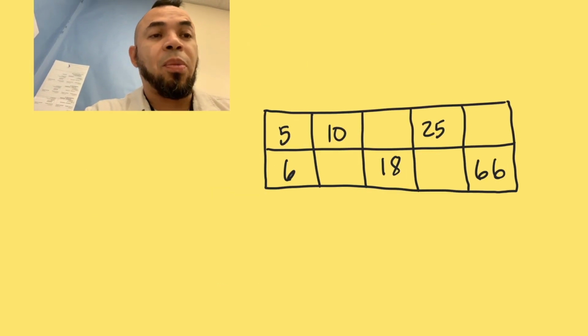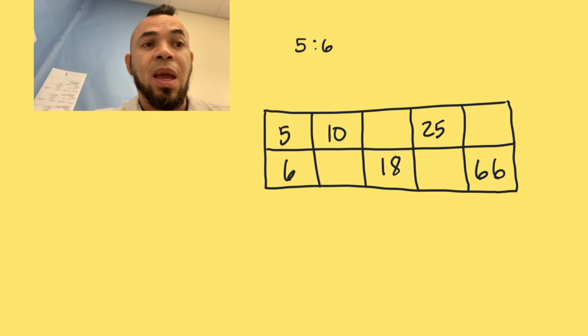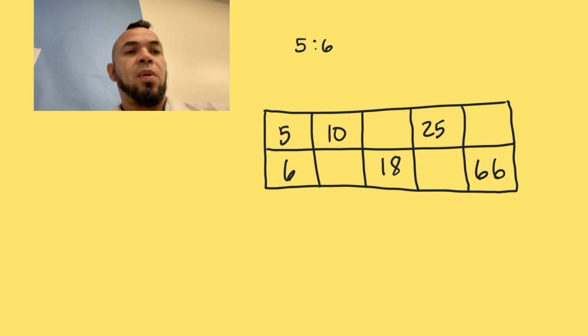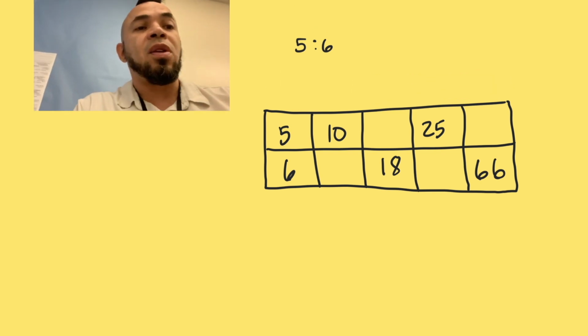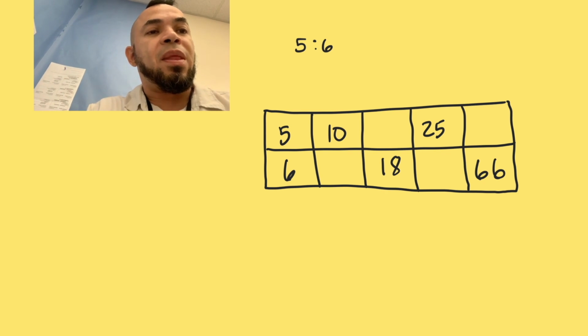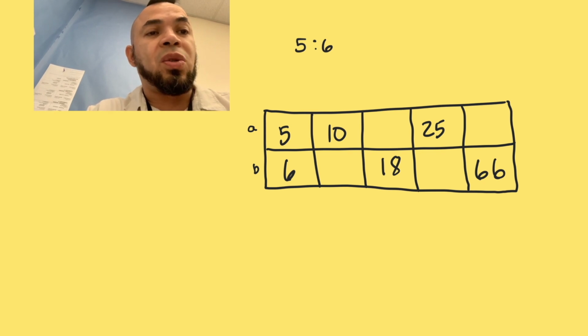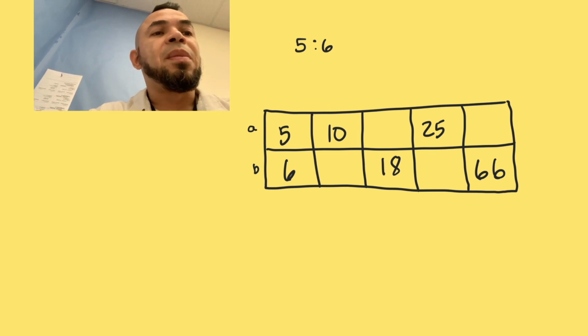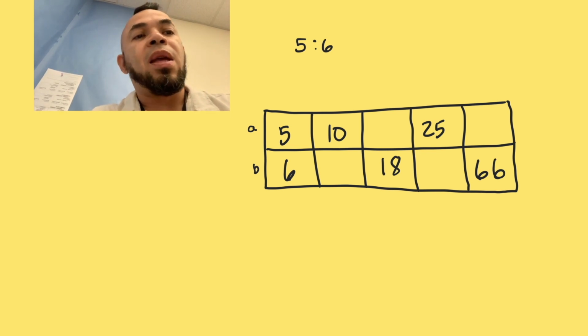So let's look at this example. Let's say you're given a table like this, and the ratio is 5 to 6, and you have to find the missing values. Let's call this A and this B; A and B could be anything, socks to feet or whatever. So 5 to 10: what happened to my 5 to become a 10?